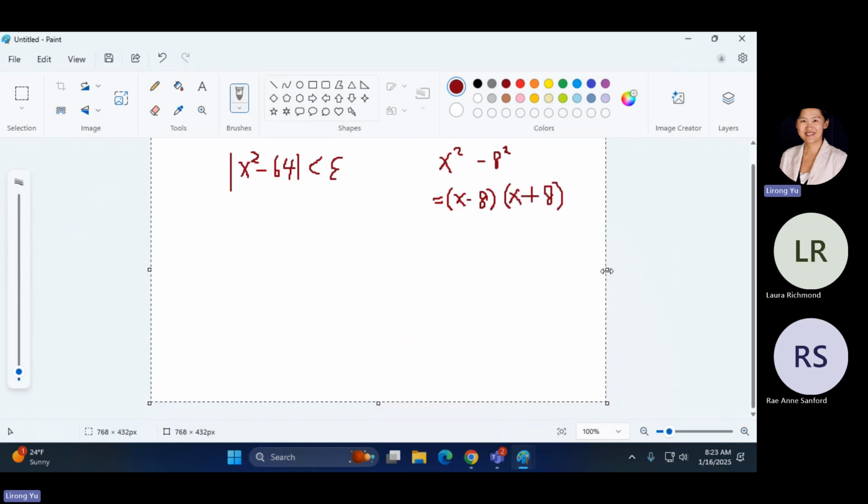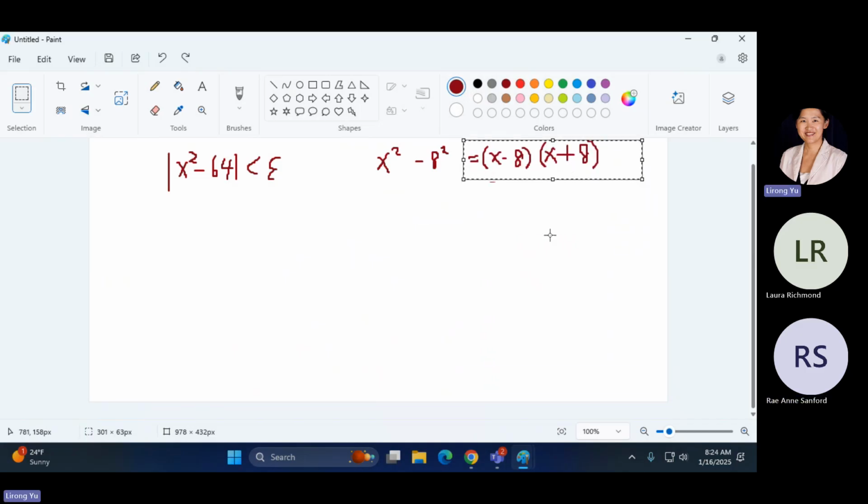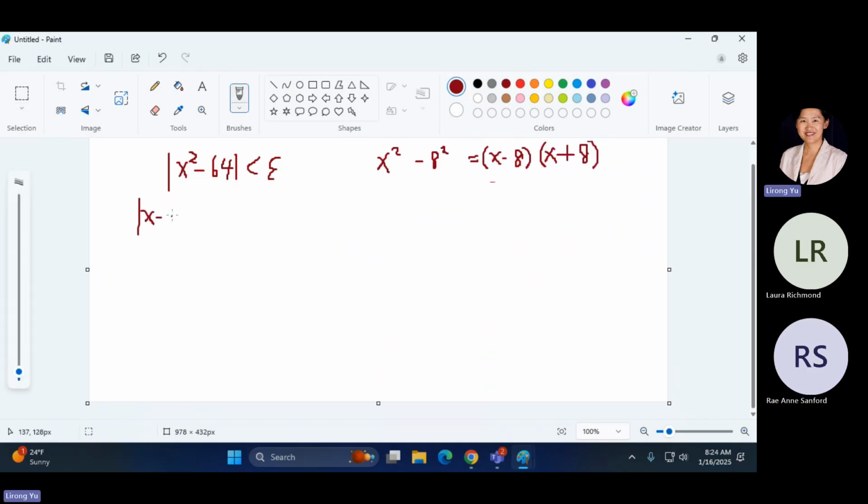This is because of the formula a squared minus b squared equals a minus b times a plus b. So this calculation allows us to rewrite this as x minus 8 times x plus 8 less than epsilon.